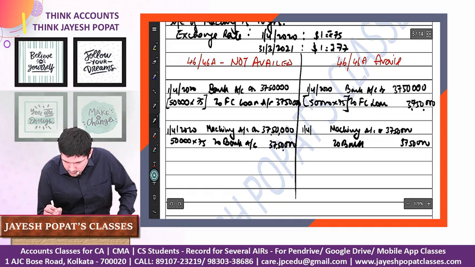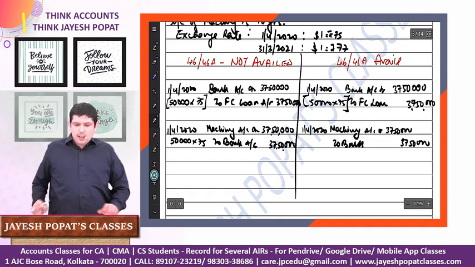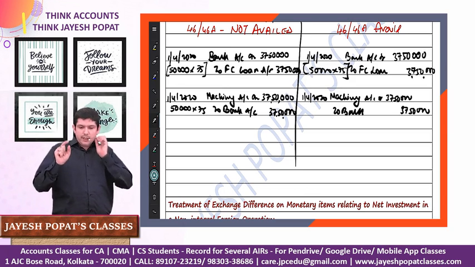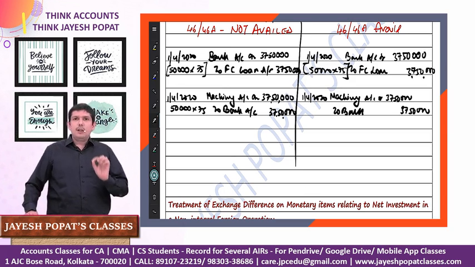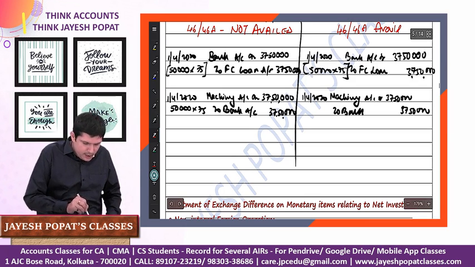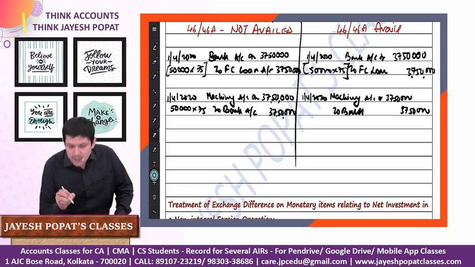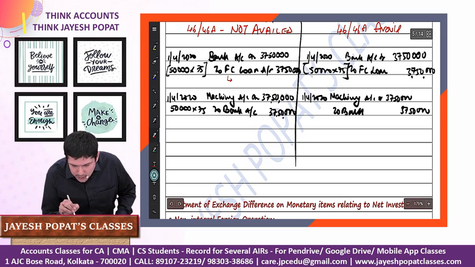This is 1/4/2020. Now see, we have already seen that in case of foreign currency non-monetary item, please look at this very carefully for a total concept clarity. This loan is a foreign currency long-term monetary item.